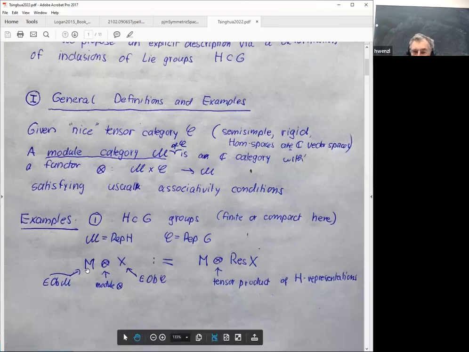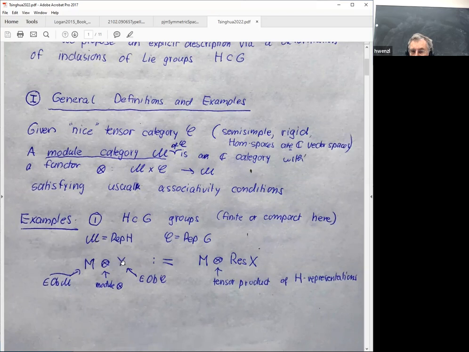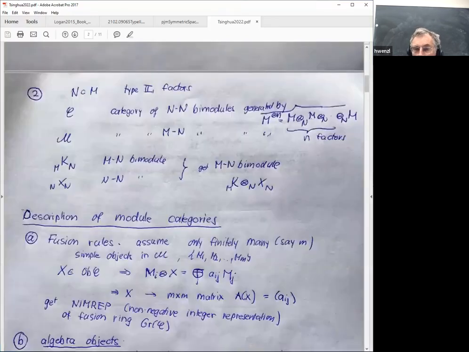If we have a representation M of the subgroup and a representation X of the big group, then the module action given by this tensor sign is just the ordinary tensor product of H representations, where we tensor M with X viewed now as an H representation. This is a pretty easy example, but it's a good model.